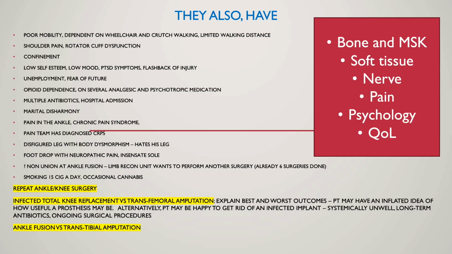Significant problems: poor quality of life, poor mobility, unemployment, chronic pain, low mood, body dysmorphism, hates his leg, foot drop with insensate sole, and non-union at the ankle fusion.